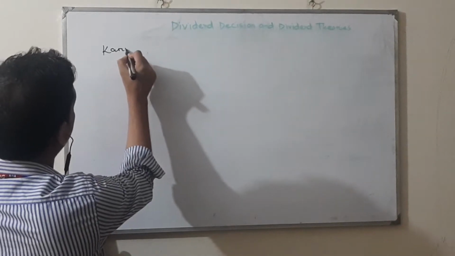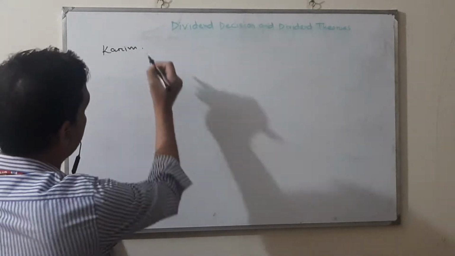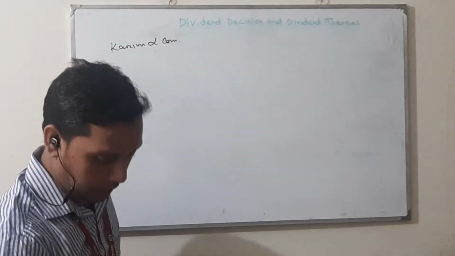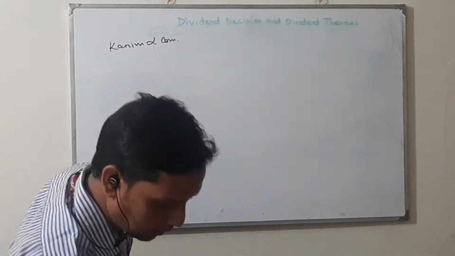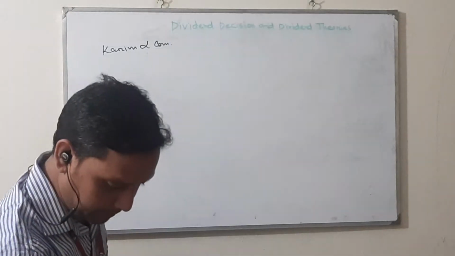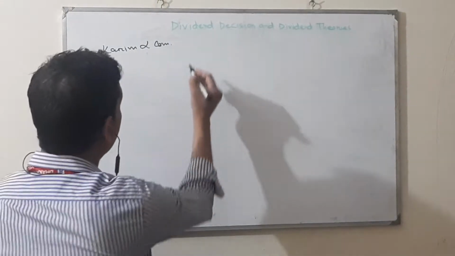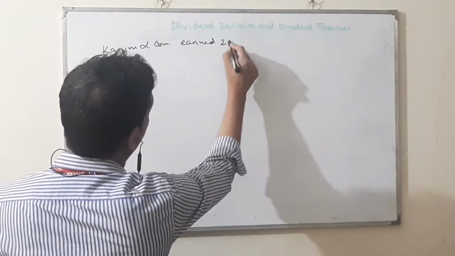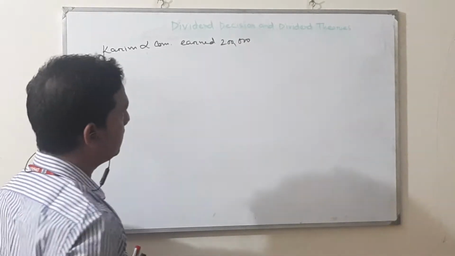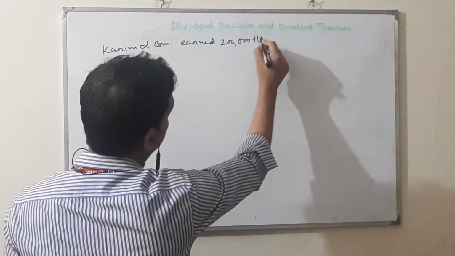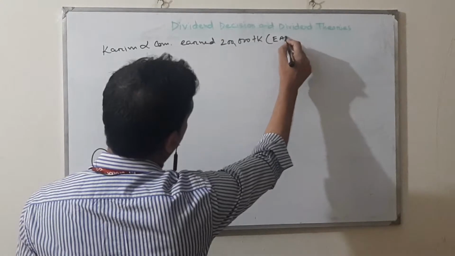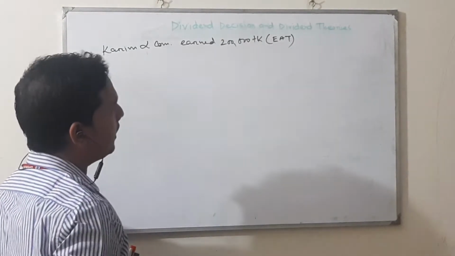A Korean company has earning of 2 lakh taka, which is called EAT, I mean, earning after tax.